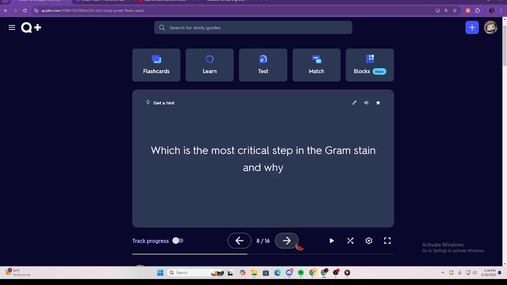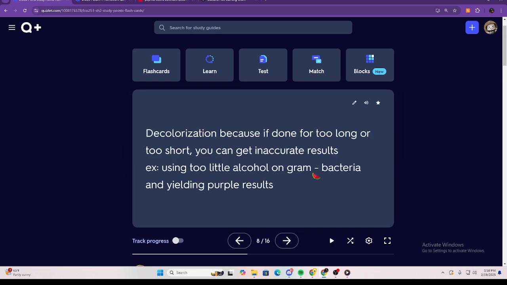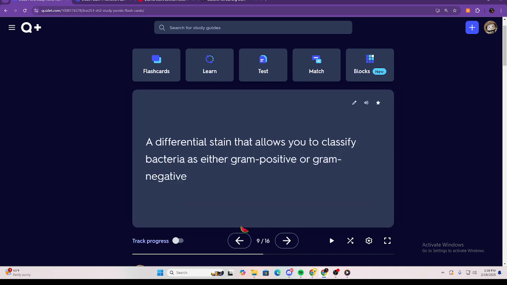The reason we do gram staining is to distinguish whether bacteria is gram positive or gram negative. Gram positive bacteria has a thick layer of peptidoglycan. That's what you need to know.